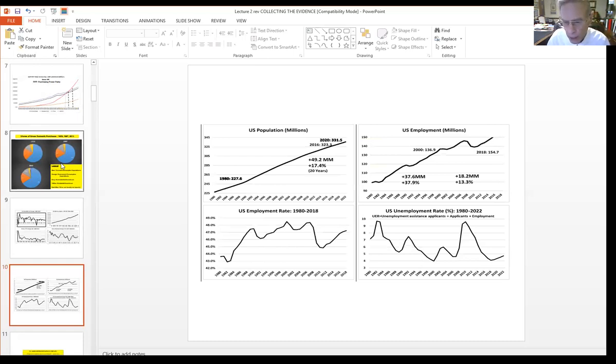Either way, the unemployment rate statistic is misleading, and it's far too low.